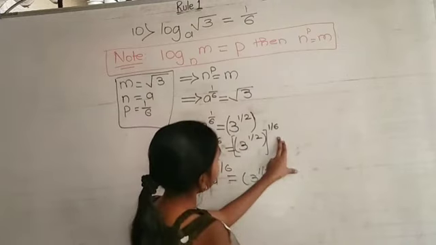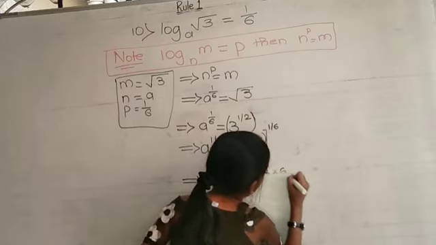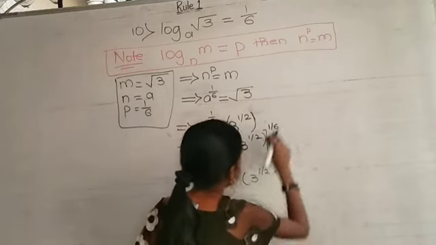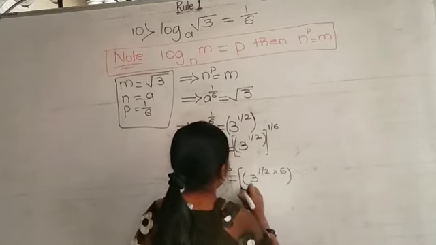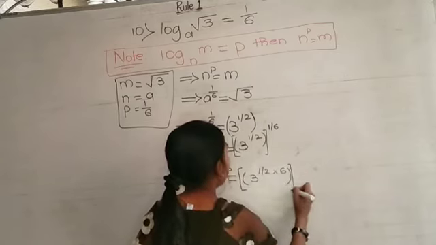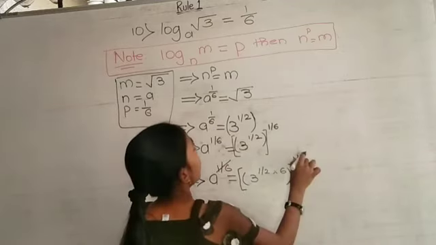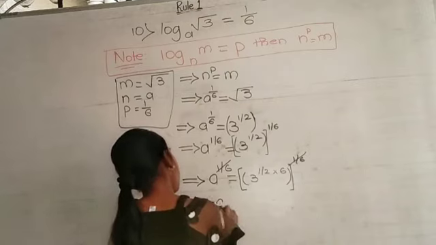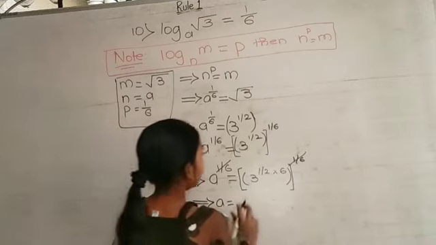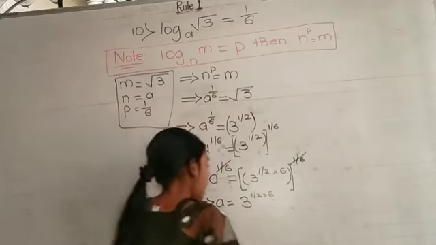Now we are going to do the reciprocal of this and we are going to multiply here. So multiply by 6 when we are going to do the reciprocal of this much part, the big bracket, and 1 upon 6 as it is. 1 upon 6 will be cancelled. Here a is equal to 3 raised to 1 upon 2 multiplied by 6.